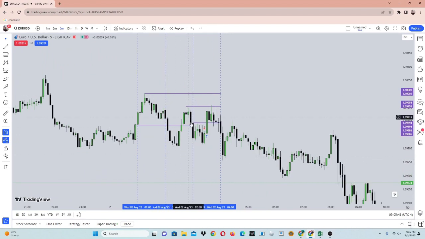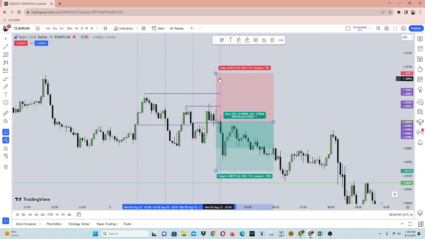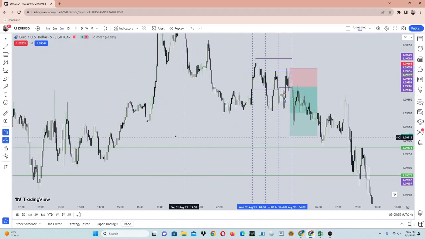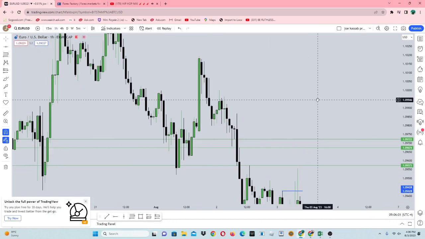So what happened is, this is the swing, it did not break right here, and it broke right there. So my entry would have been in this area right here.